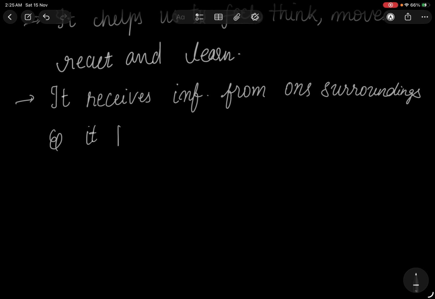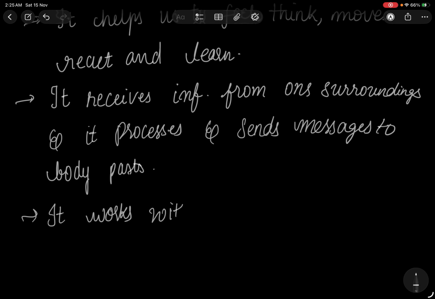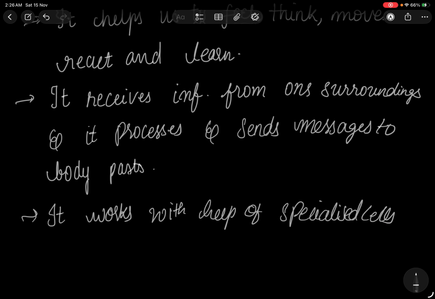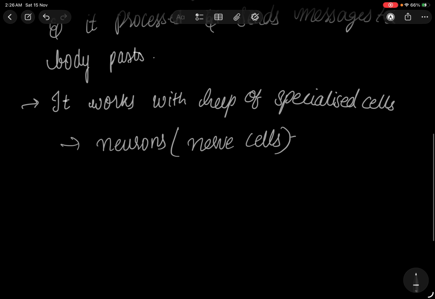And it processes and sends messages to body parts, and also it works with the help of specialized cells that are known as neurons, that are nothing but nerve cells. Okay, so this is the introduction about this.